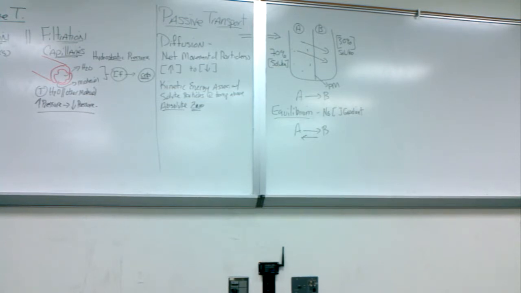Okay, anybody, Elizabeth, you want to help them out on that? So we're saying rarely do we achieve equilibrium for a particular solid across the plasma membrane. Why is that beneficial to the cell? Not to have equilibrium for a particular solid across the plasma membrane.